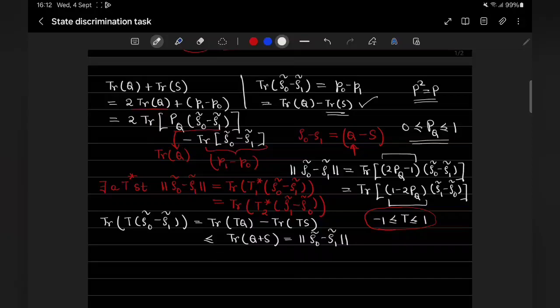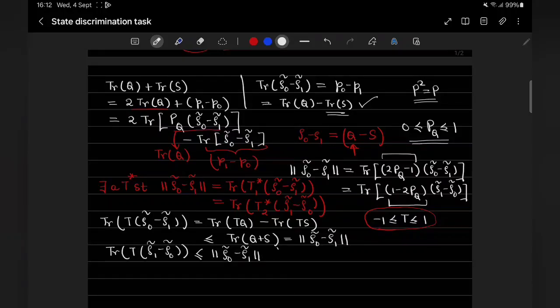So similarly, it can be easily shown that trace t times rho 1 tilde minus rho 0 tilde is also less than or equal to norm rho 0 tilde minus rho 1 tilde.